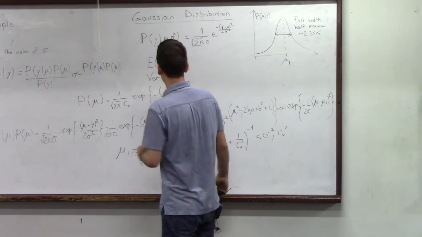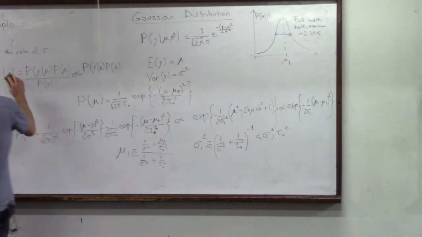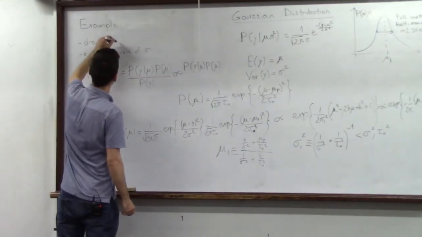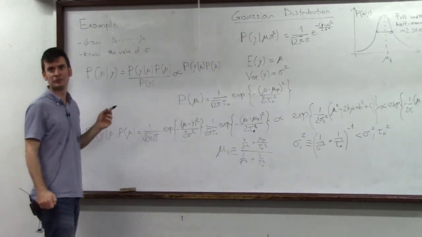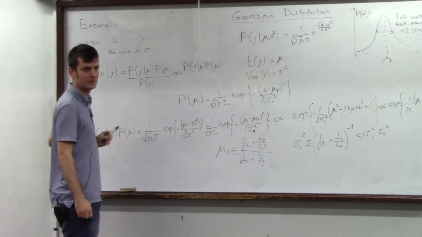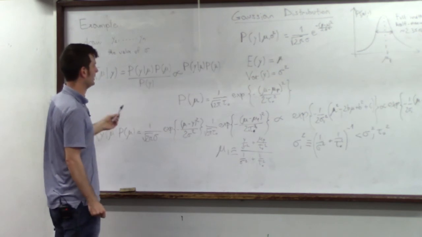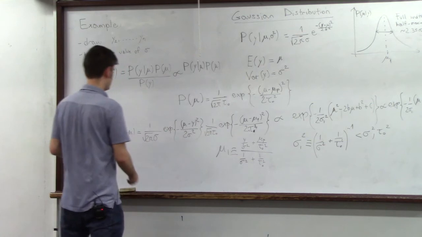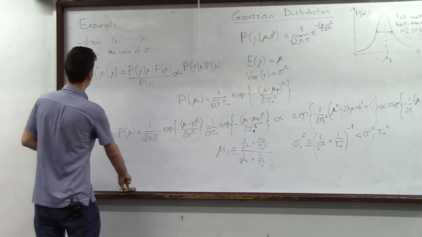Now we draw not just one value of y, but we draw a set of n measurements from the same distribution. Again, we know the value of theta. Again, we assume this prior, and then what happens?